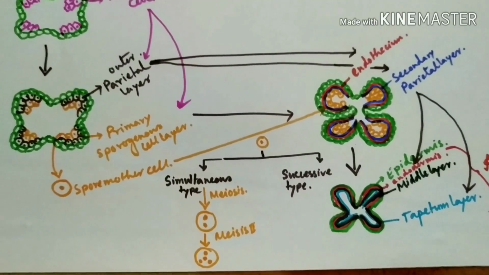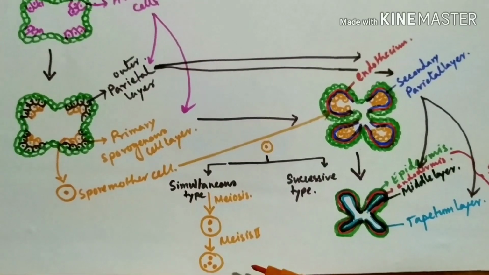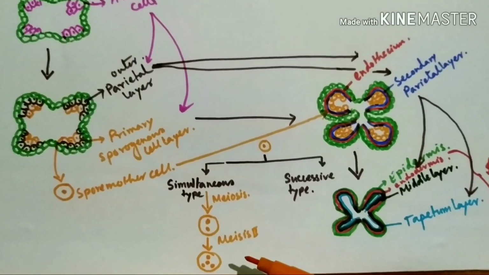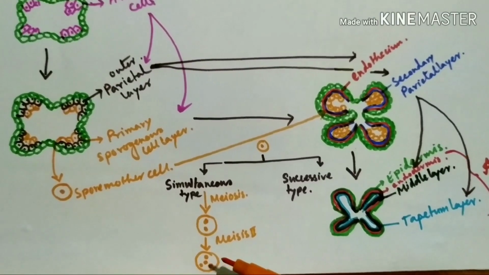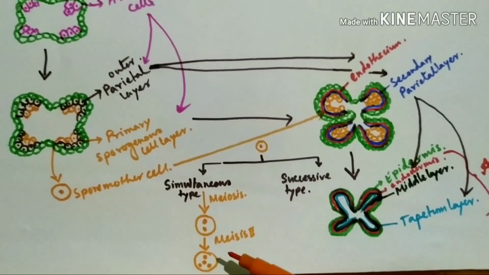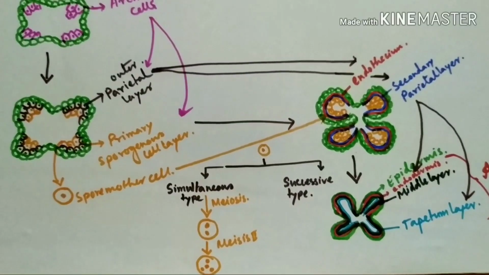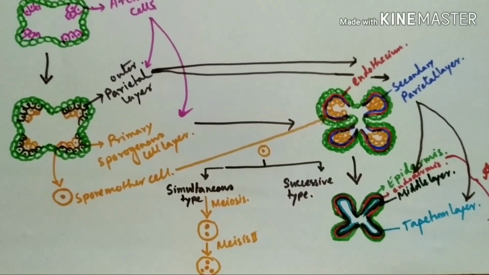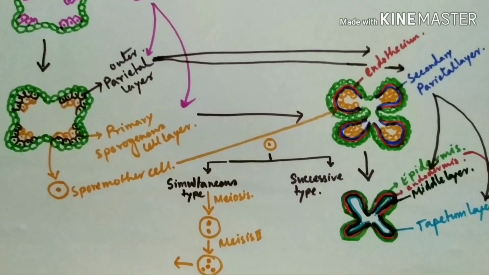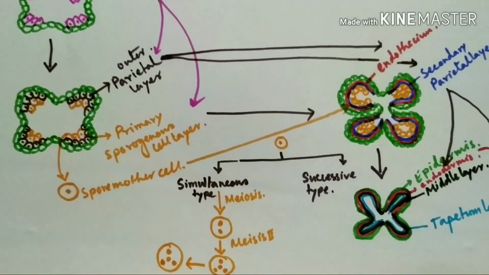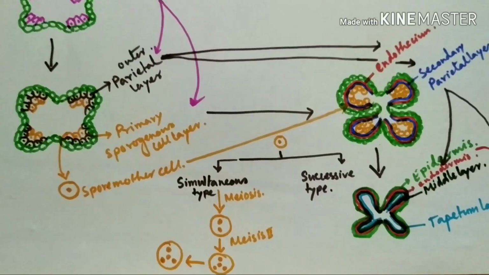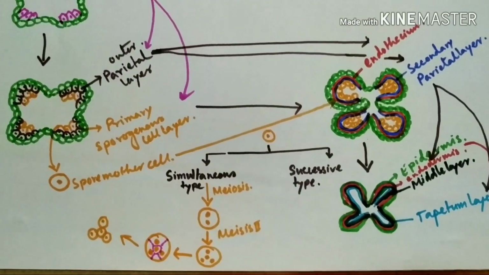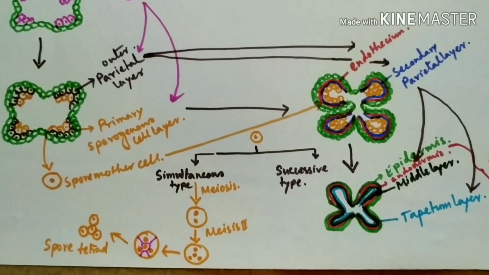So in this case meiosis occurs, but the partition layer is absent. So this type of cell division is called simultaneous type division. Now at the final stage, nuclei are separated by a layer and produce a spore tetrad.